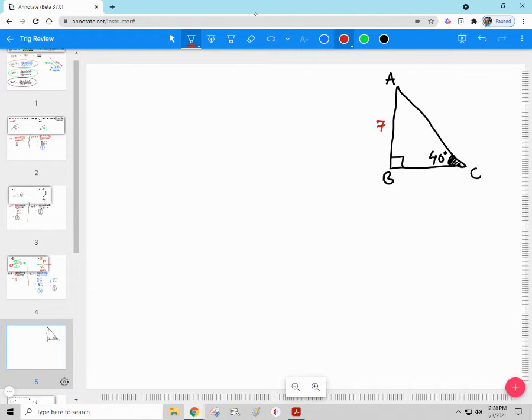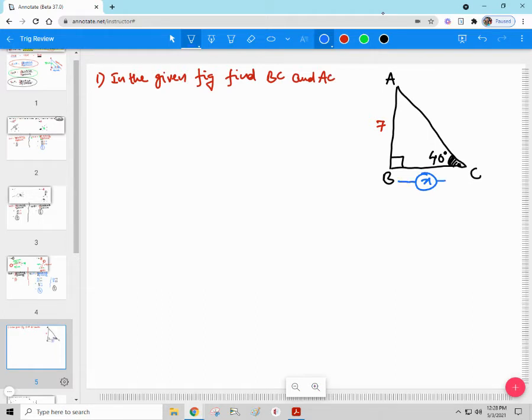I'm going to give 3 questions in the given figure. Find BC and AC. Suppose, let's say that you are asked to find BC.